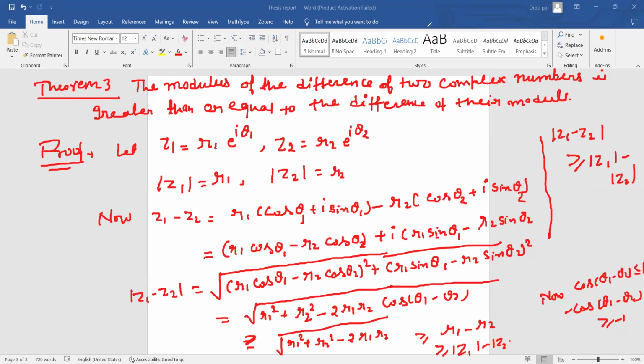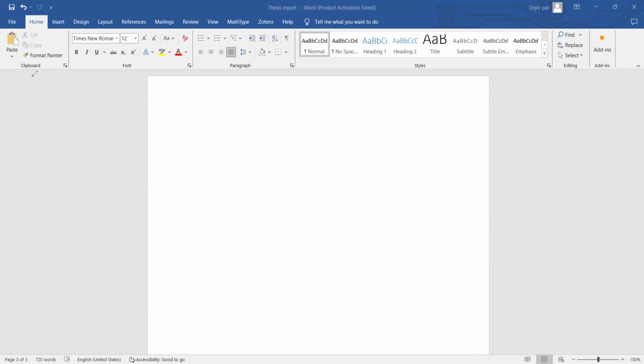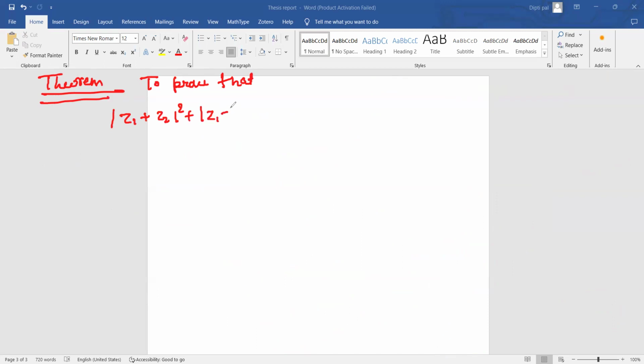Now we move to the next. To prove that modulus of Z1 plus Z2 whole square plus modulus of Z1 minus Z2 whole square equals twice of modulus of Z1 whole square plus modulus of Z2 whole square.